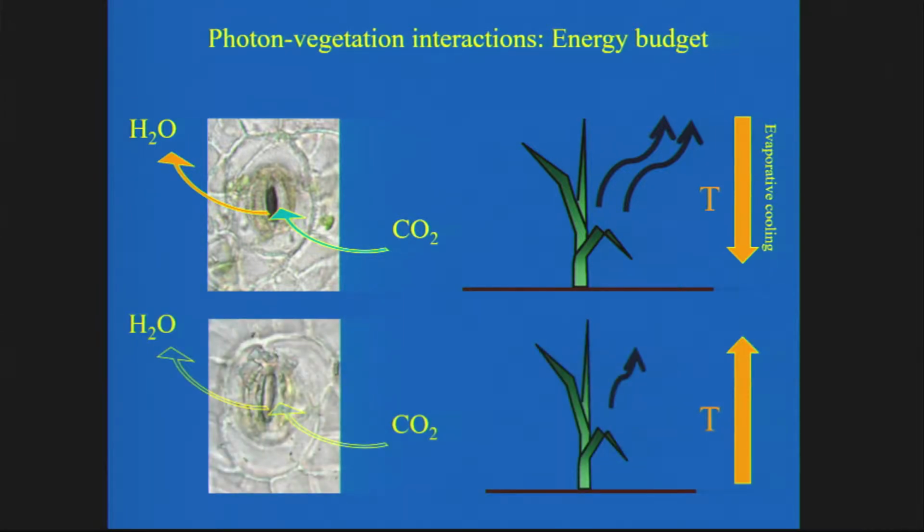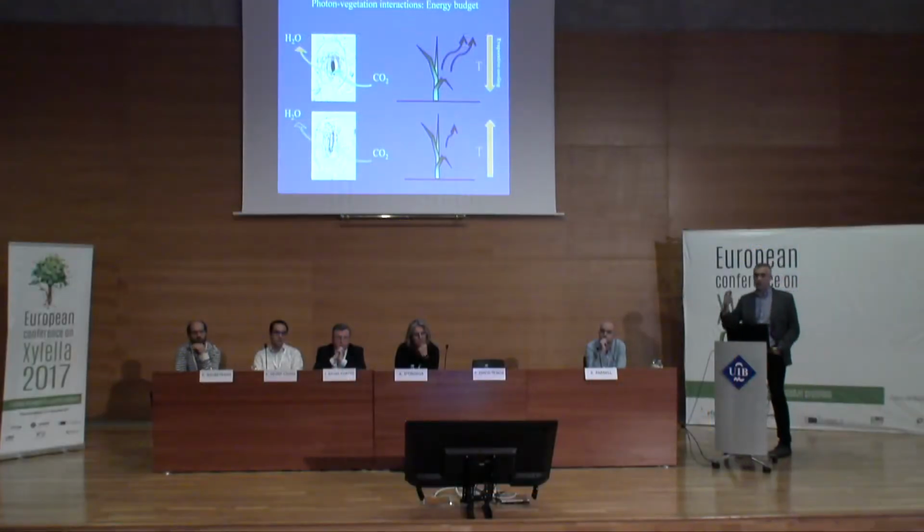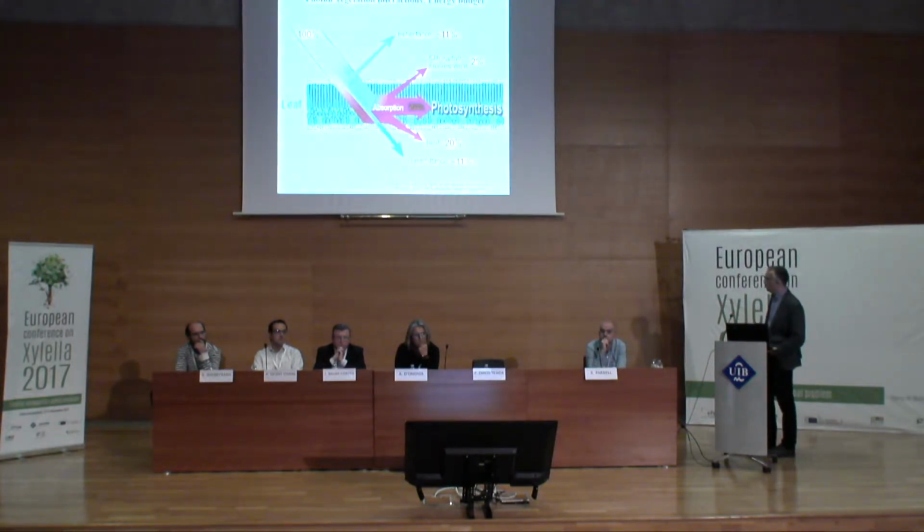Under stomata closure, because there is no evaporative cooling, there is an increase in temperature. This is happening not only in the case of closing stomata, but also in the cases where we have agents or we have diseases that generate a water stress as a symptom. So temperature is also another important indicator.